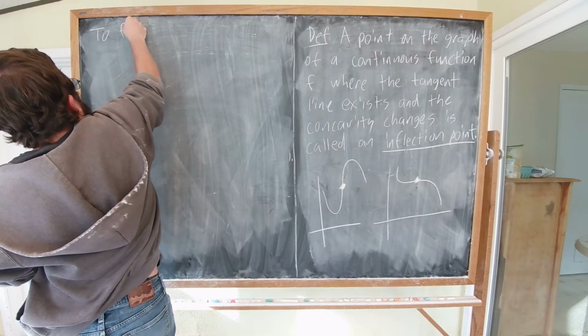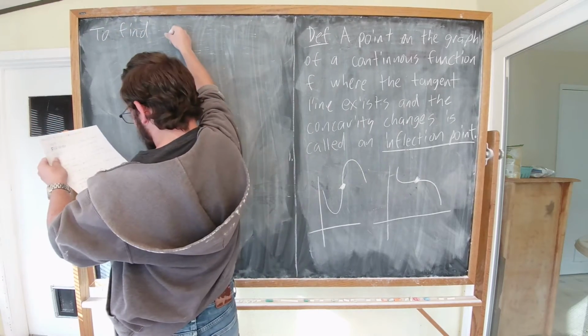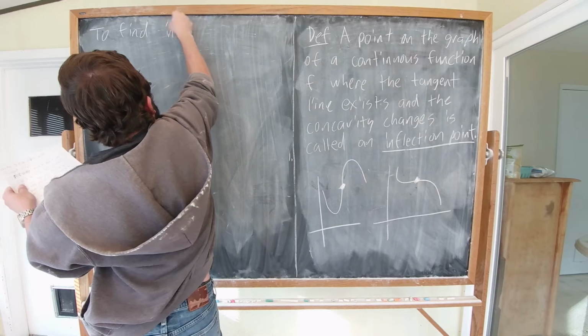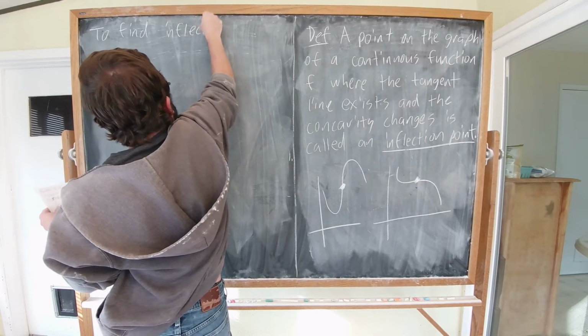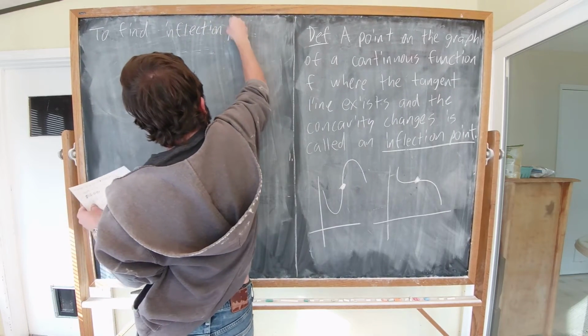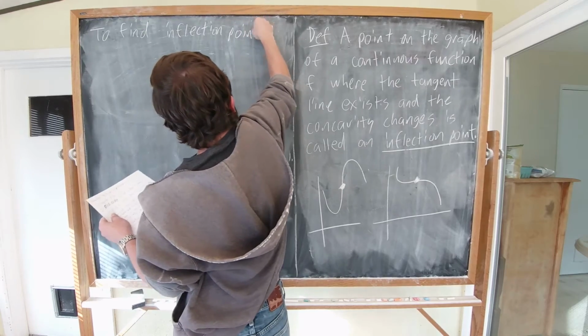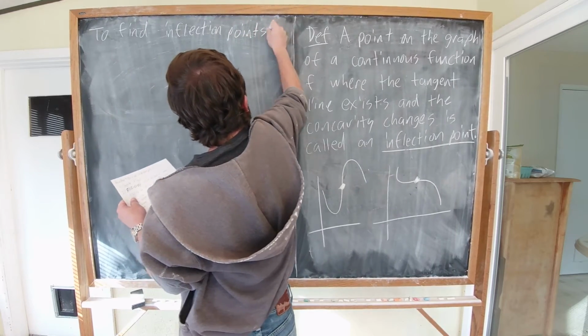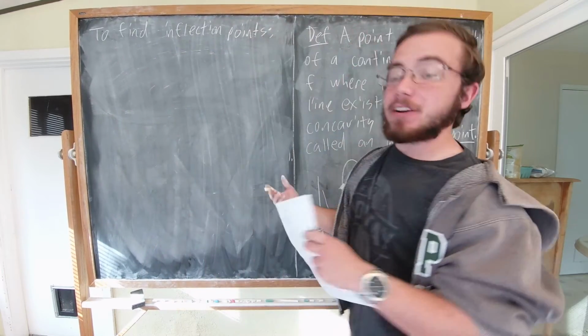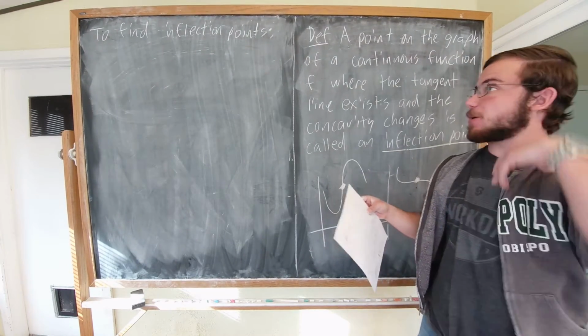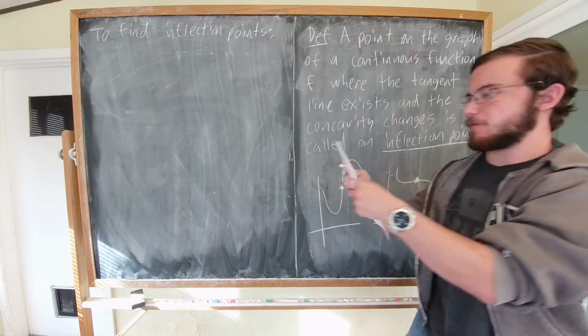To find inflection points, it's going to be very similar to finding critical numbers, except using the second derivative.